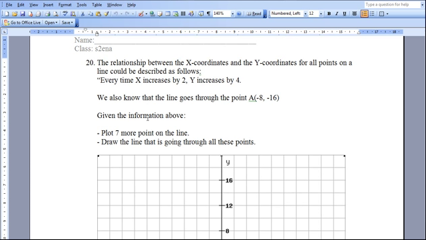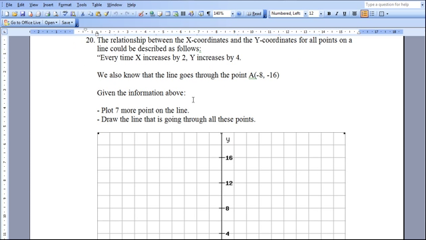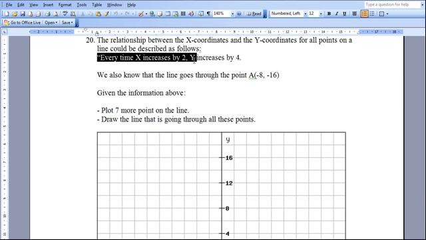Given this information, we have to plot 7 more points on the line and then draw the line that is going through all these points. So, if we know that it's going through this point, and we know that every time we increase x by 2, we have to increase y by 4.